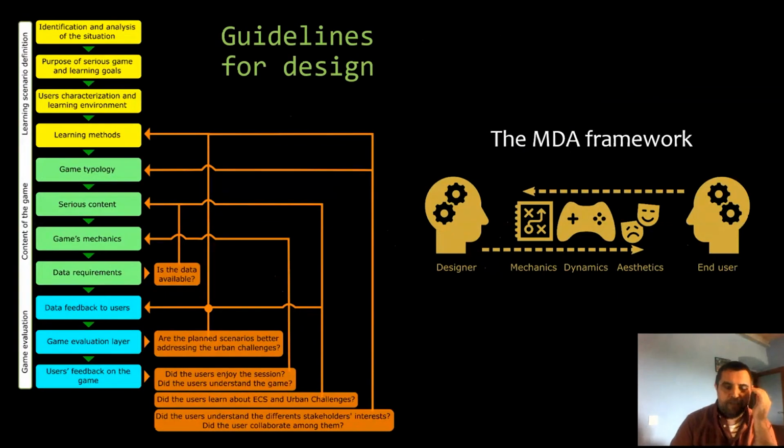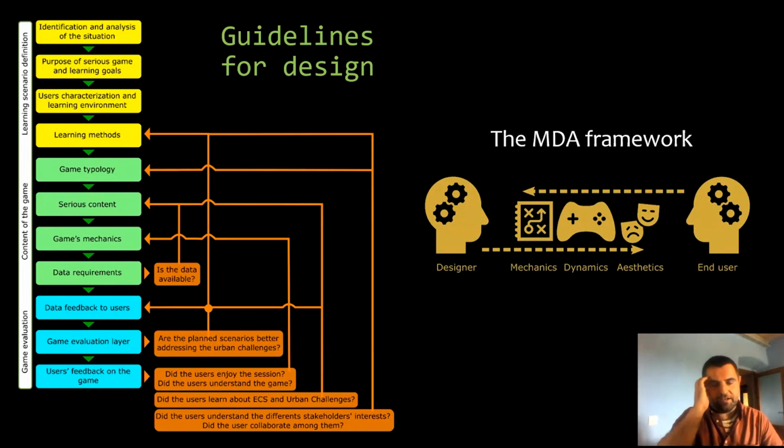And finally, another thing I would like to show you is the framework, or the guidelines, we created in the first step, when we decided to create a serious game. I never created a serious game before, so I went to the scientific literature to learn what people who design serious games do, and I created this framework myself, which is divided into 3 main steps.